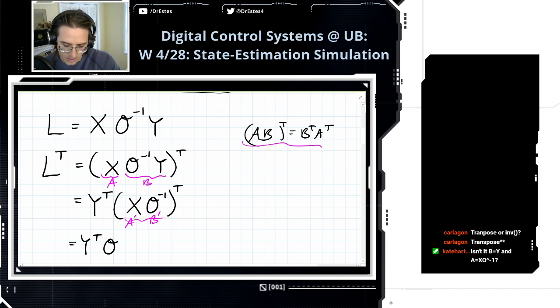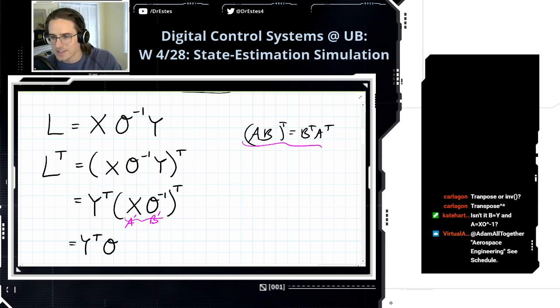Yeah, because I'm getting A transpose over here, so A should be... Okay, I'm calling this A, and I'm calling this B. Thank you, Kate.